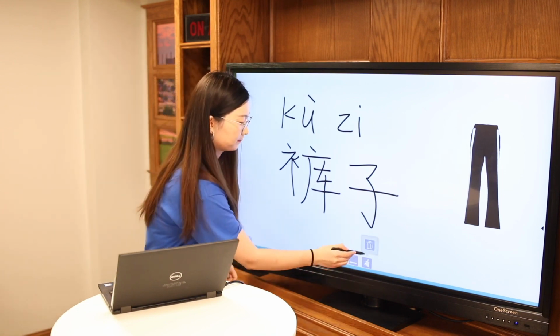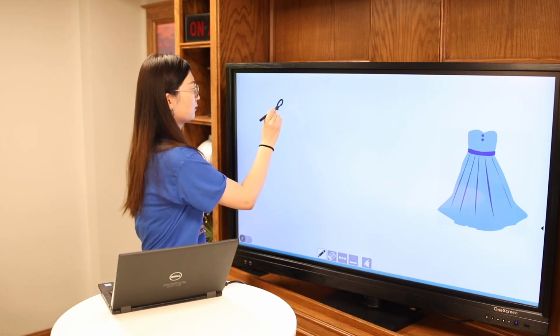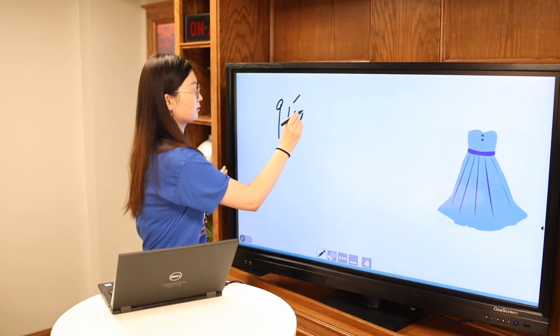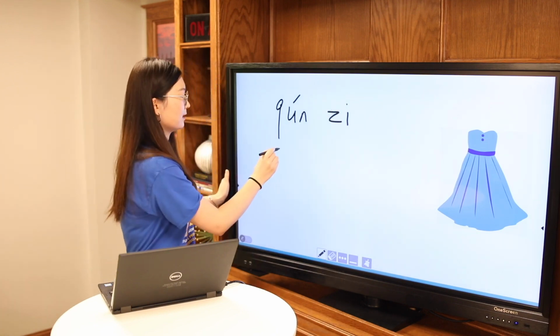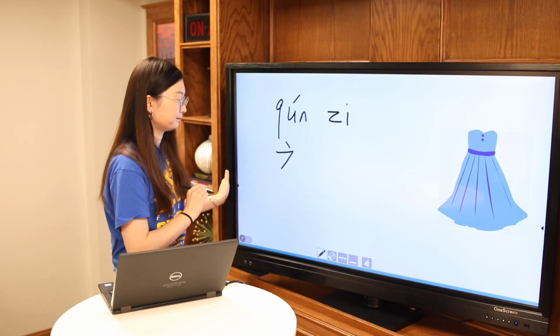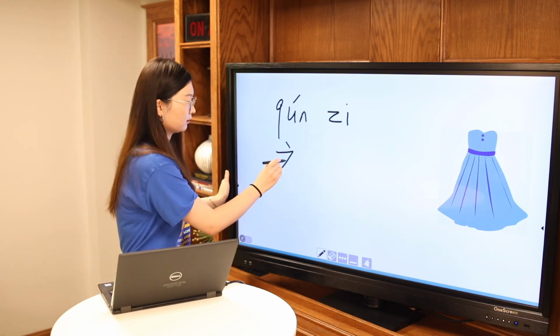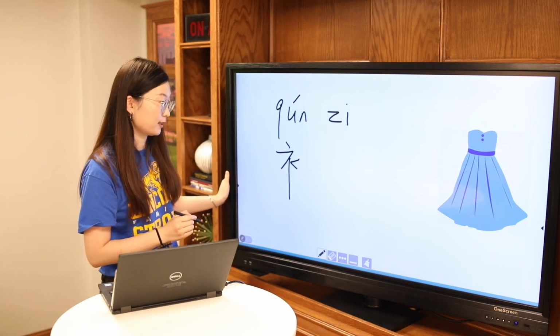and the next one is 裙子, all kinds of dresses. Okay, 裙子 点 横撇 so the left part of 裙 is the same as 裤 as the one in the pants.